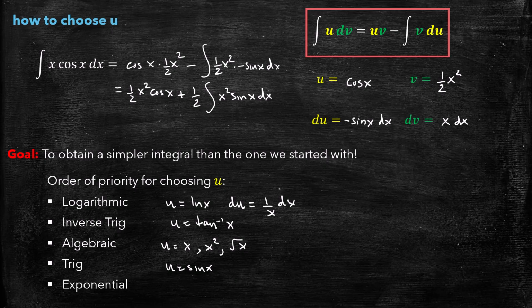And exponential, so u equals e to the x or 2 to the x, that would be the very last resort. Some people remember that by the letters it starts with: LIATE, which is the order in which to choose u. I don't know if that's easy to remember.